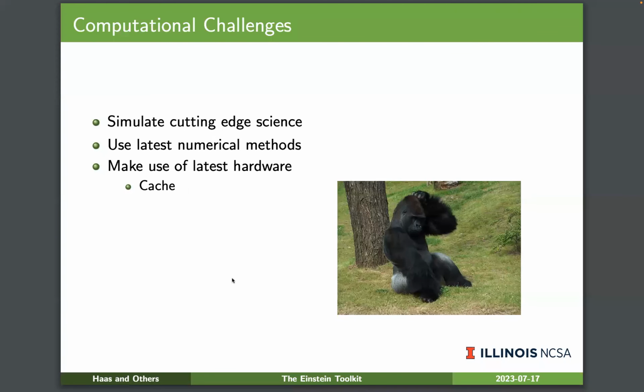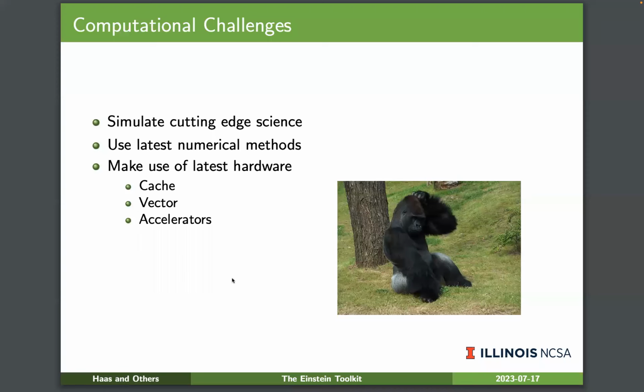Right. So then, what are the challenges? We want to simulate cutting-edge science. We want to make use of the latest numerical methods as they are being developed by researchers in various fields. And we have to make use of the latest hardware. That means we have to make efficient use of cache that's present in these systems, which is a problem. We want to vectorize our code to make use of SIMD instructions that are the way to get good performance out of these.